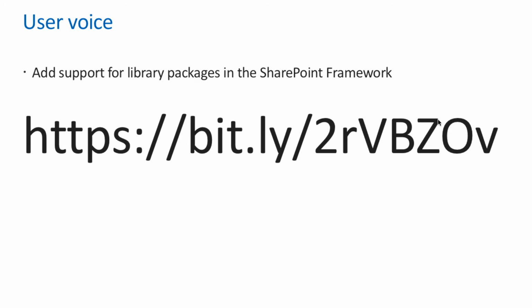Because right now what you can do is create web parts, package, deploy them to SharePoint, but there is no support for libraries. There are like 300 votes for this feature, and what we want is to be able to deploy no user interface solutions. So only code that can be used from other packages like APIs.